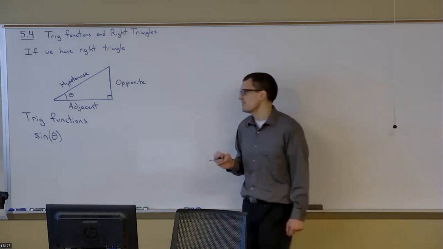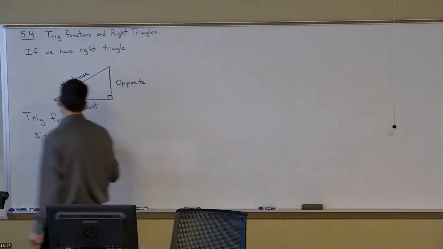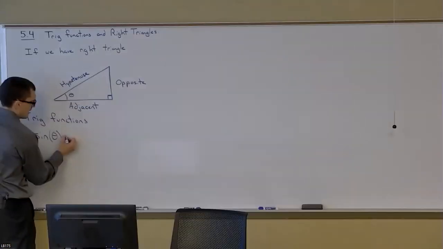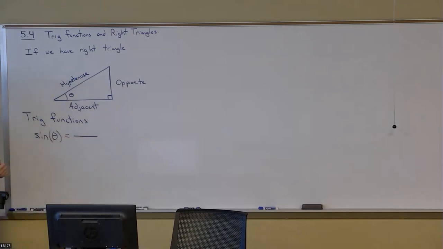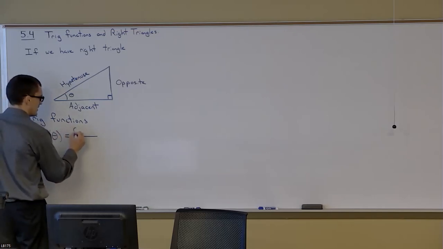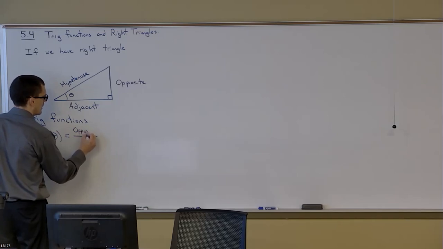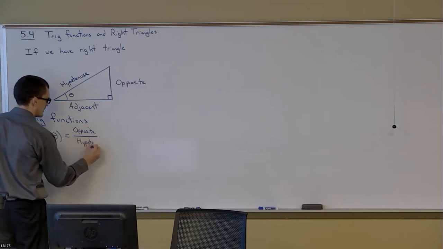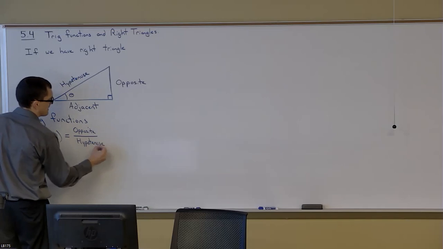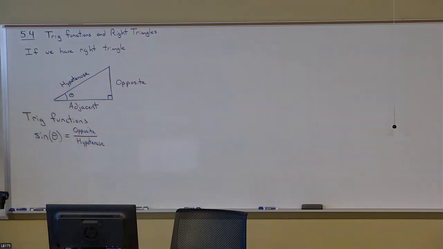Well, the sine of theta on a right triangle can be calculated by just dividing the opposite side by the hypotenuse. And by that, I mean the lengths. The length of the opposite side divided by the hypotenuse. That's the ratio.